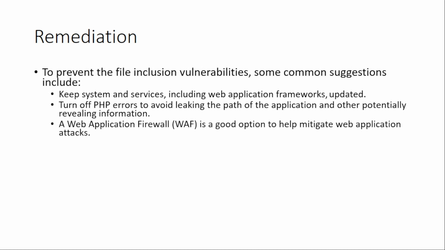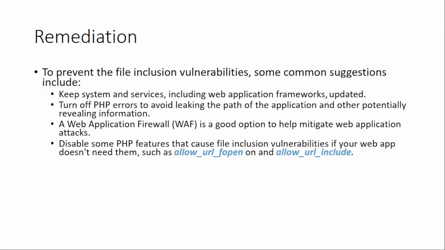A web application firewall is a good option to help mitigate web application attacks. Disable some PHP features that cause file inclusion vulnerabilities if your web app doesn't need them, such as allow URL fopen and allow URL include.